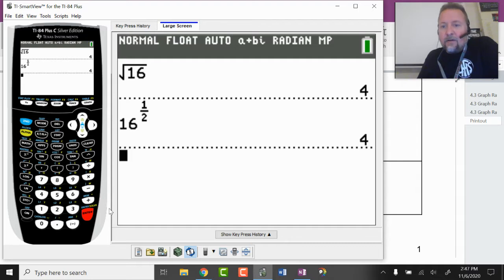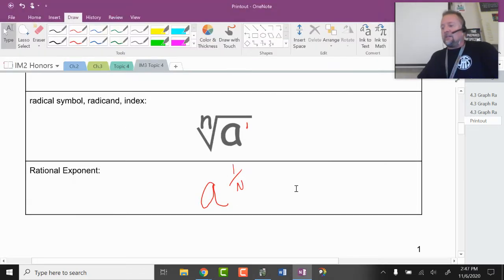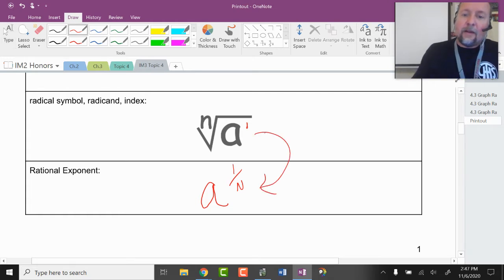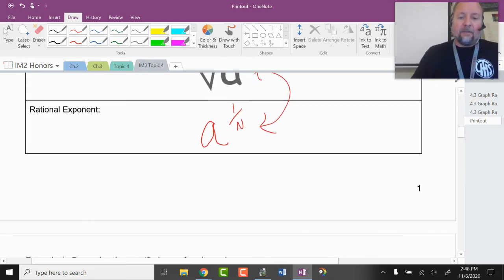Ready, set, enter. Boom. Yes, that means the square root of 16, which is 4. And I think that's all I want to show you. You sometimes just got to take a leap of faith with your teacher and tell yourself, okay, I'm going to get this memorized. And that's your job.